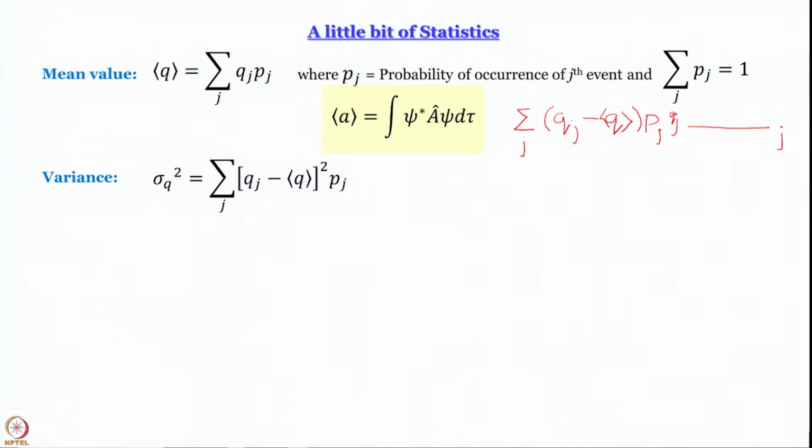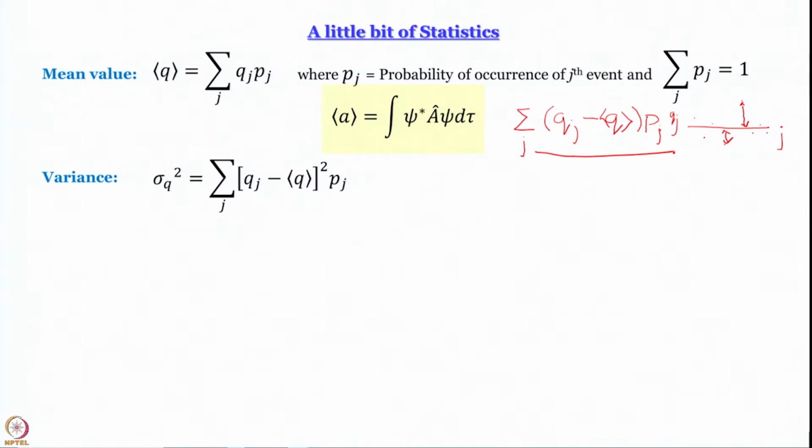For one measurement I should get something like this, for the next measurement something like this, and so on and so forth. For a large number of measurements, Qj minus average value of Q for any value of j is this. So, it can be positive, it can be negative also. So, this summation we can expect that it is going to be 0 for a good distribution of data.